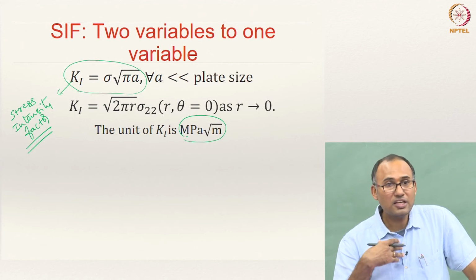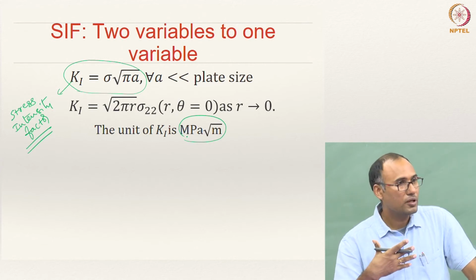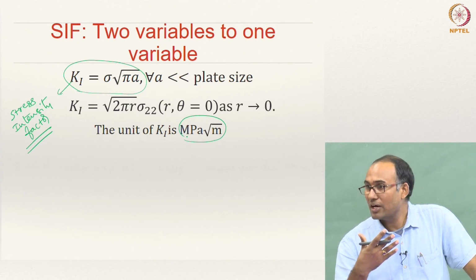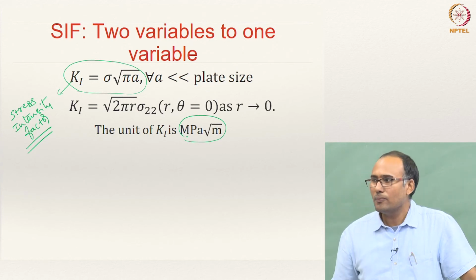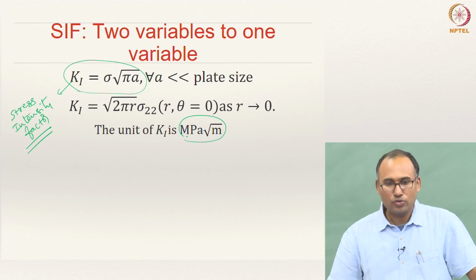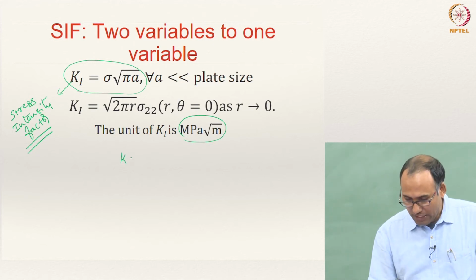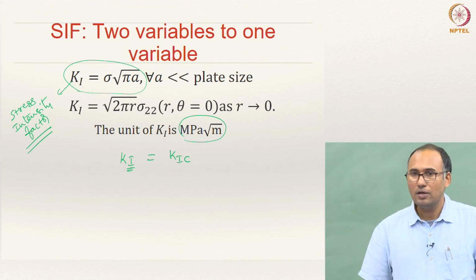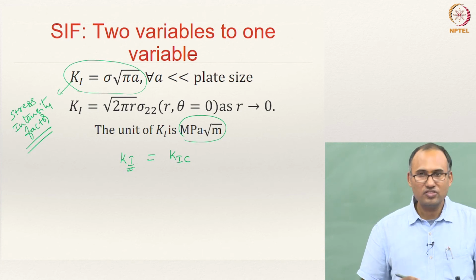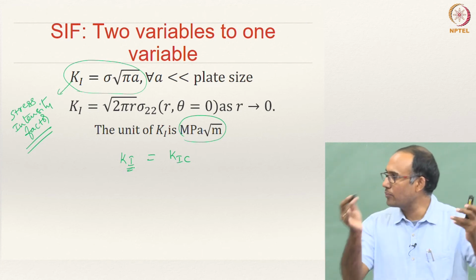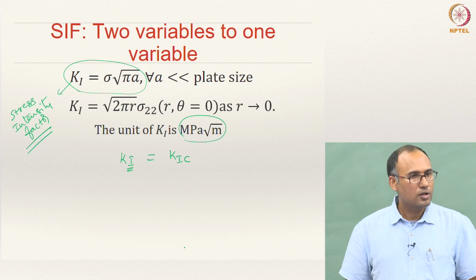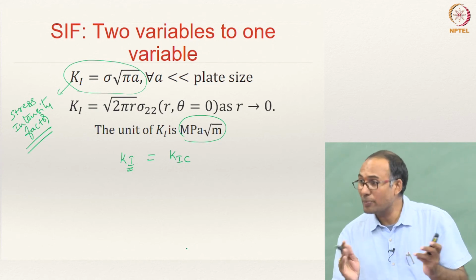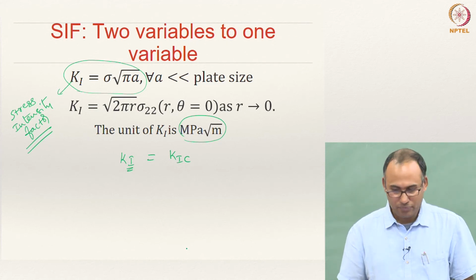So when the stress intensity factor at the crack tip reaches some critical value, that is when the crack propagates. So the condition is when K1 becomes equal to K1C. Why 1? Again, mode 1 stress intensity factor. Similarly, you will have mode 2 and mode 3 stress intensity factors, they can be defined, and they will not be the same as the mode 1 stress intensity factor.